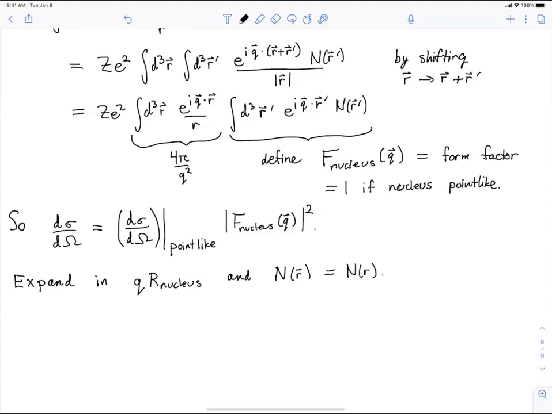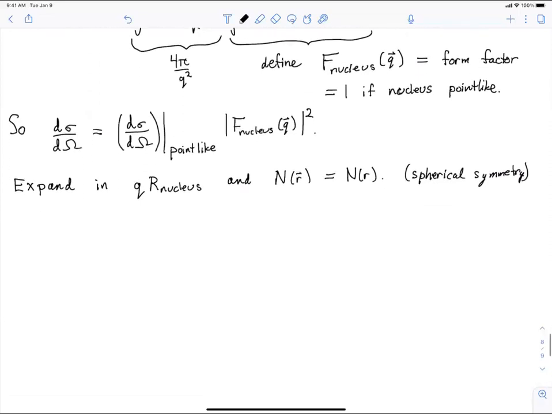The reason it's not exactly true is because the proton has spin, and so the density will change depending on the relative orientation between the vector r and the spin direction. So we're assuming here spherical symmetry. But if you're not in a spin eigenstate, if you're averaging over the spins of the nucleus, then this is actually an okay approximation.